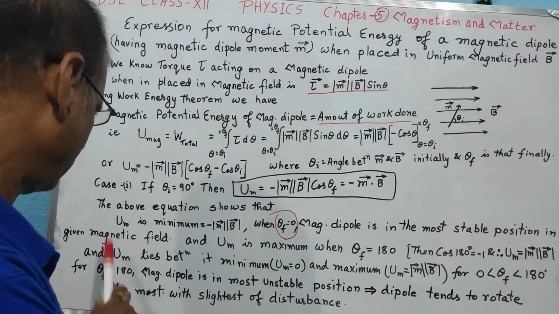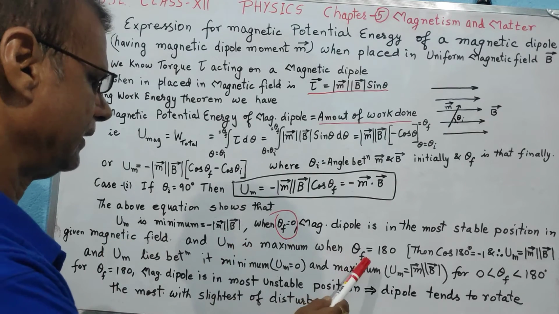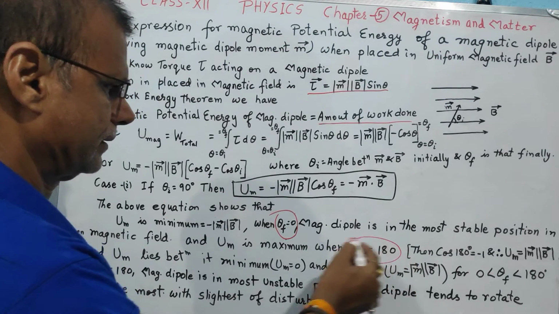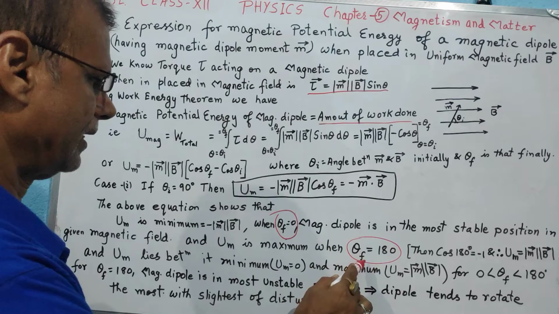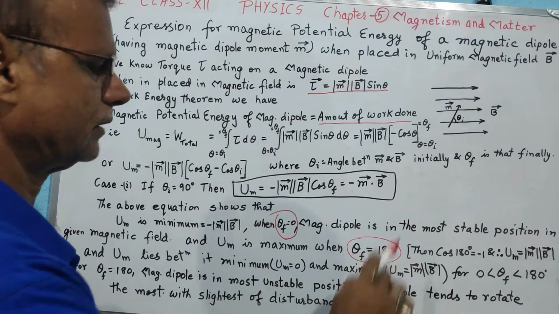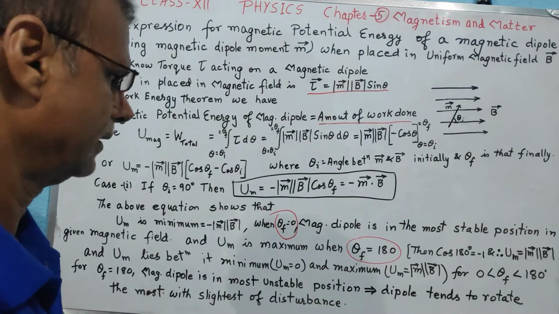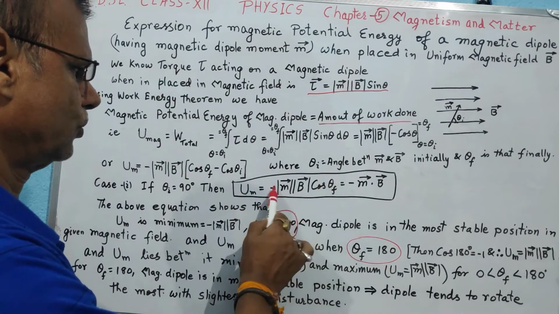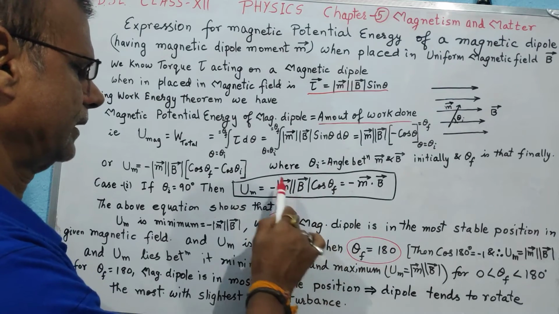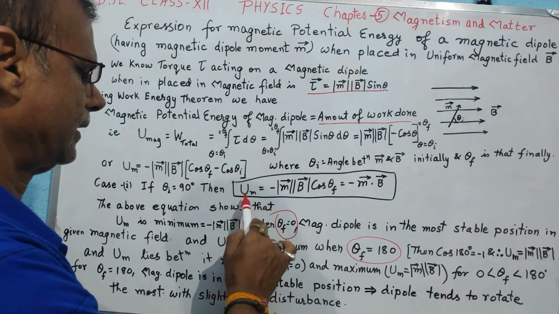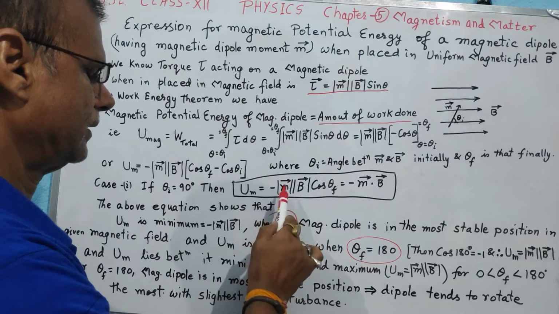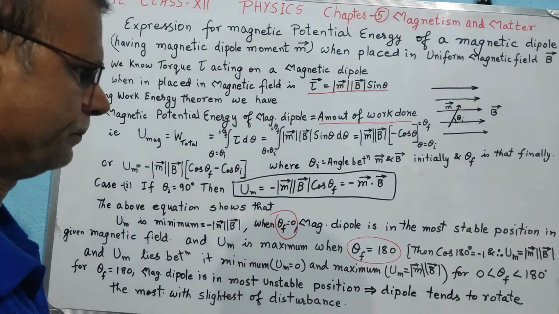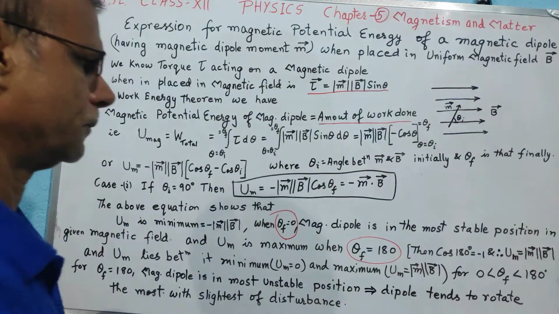And if we have theta F equal to 180 degrees, this is another case. Then cos 180 degrees we know is minus 1, and if we put this value for cos theta F, minus minus becomes plus. That means the magnetic potential energy of the dipole becomes magnitude of m into magnitude of B, which is the maximum value.